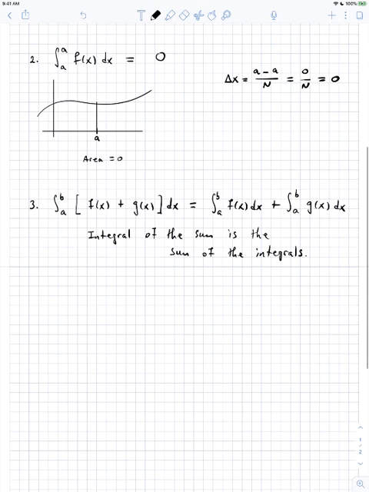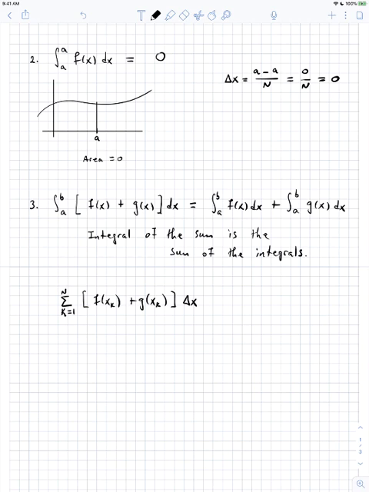This is also true because of the way we construct the definite integral as the limit of Riemann sums. And this property is true for sums. On the left, you're going to have the sum over k from 1 to n of f at xk plus g at xk times delta x.